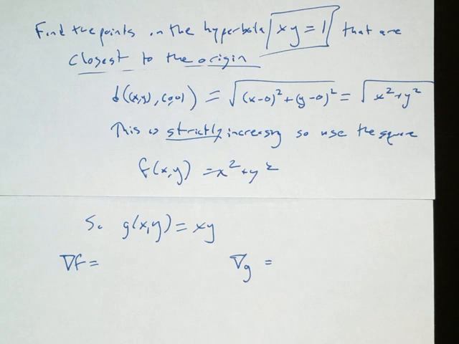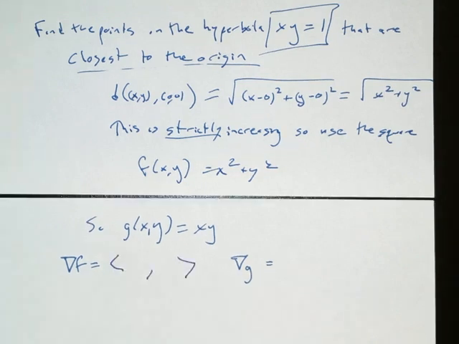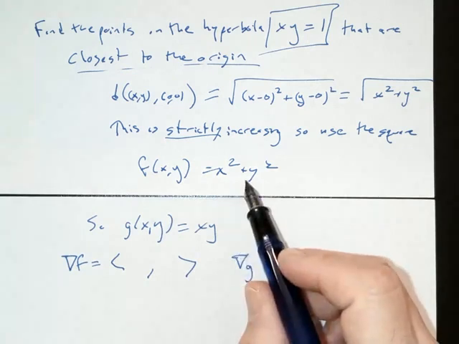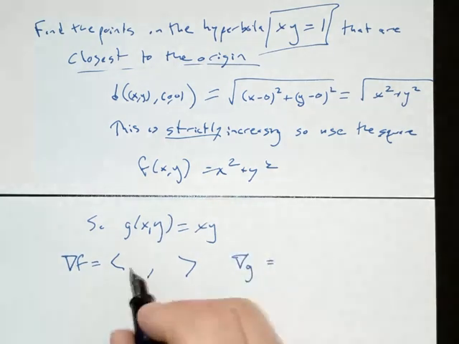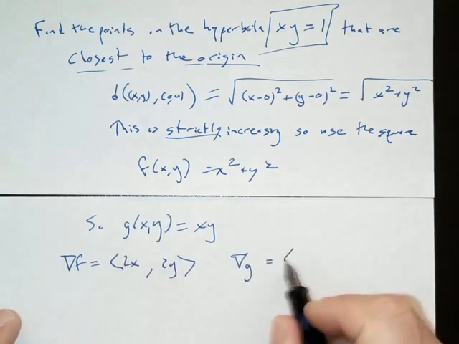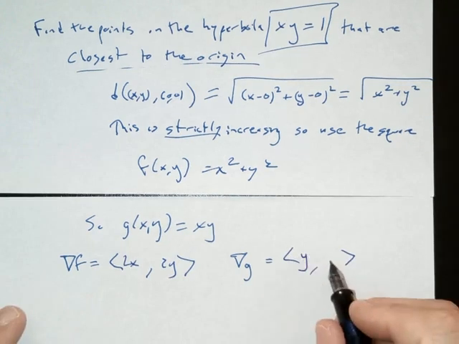The gradient vector is the vector formed by the partial derivatives. So the gradient of f is partial with respect to x, partial with respect to y. Same questions for g. Partial with respect to x and partial of g with respect to y.